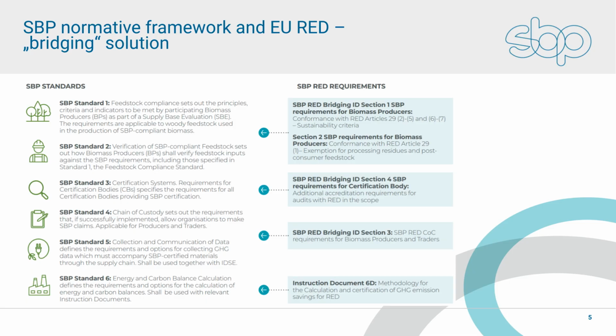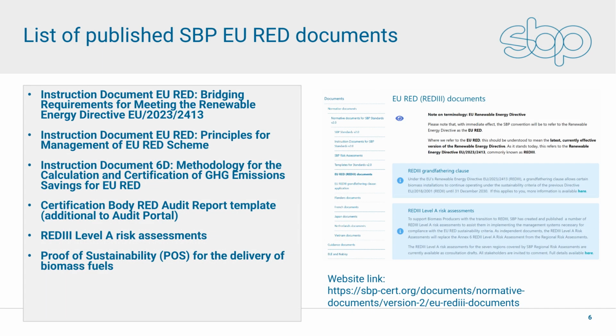When you read the SBP EU RED document, you will notice that many requirements are very similar and sometimes identical to SBP ones. However, the EU requires that the legal text from the directive is used, and that is why some redundancy is unavoidable. Here you can see the list of published SBP EU RED documents.